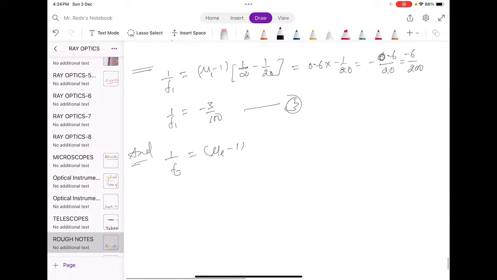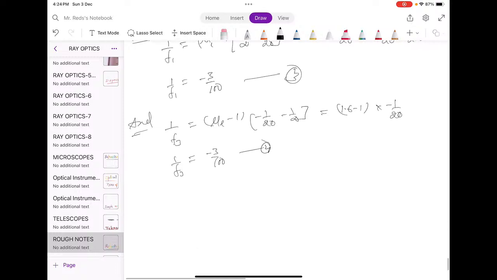So on the left side, minus 1 by 20 minus 1 by infinity will give you, again, mu l is 1.6, so 1.6 minus 1 into minus 1 by 20. This also will give you the same as 1 by f1, so 1 by f3 is equal to minus 3 by 100. Equation 4, they're equal, same.